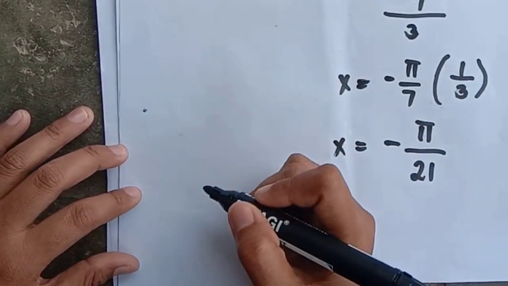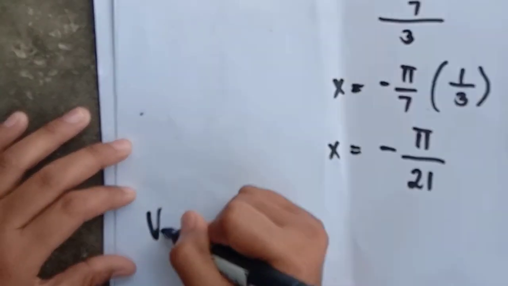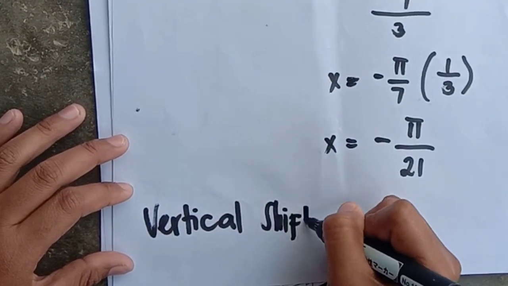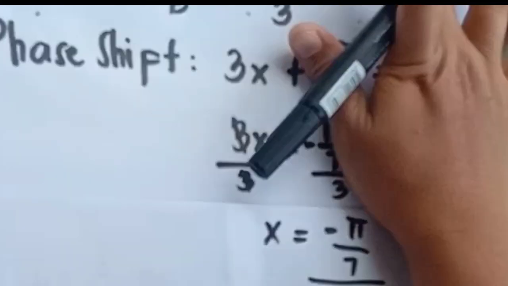To get the vertical shift, this is the vertical shift, negative 8.